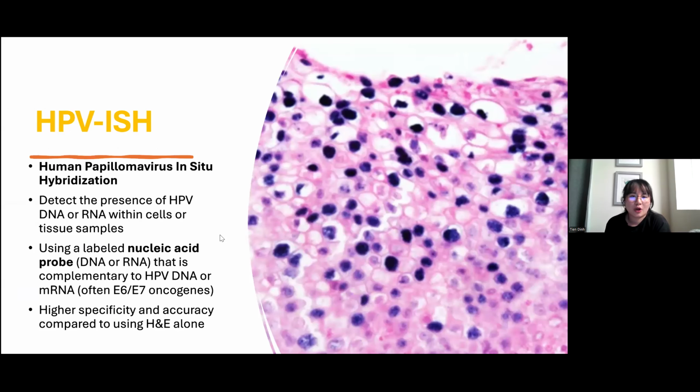In this case, we also did the HPV ISH. So I want to talk a little more about what HPV ISH is. This is HPV in situ hybridization.